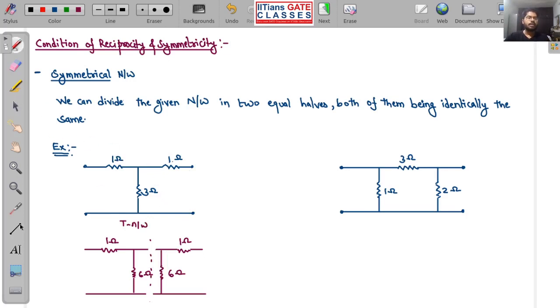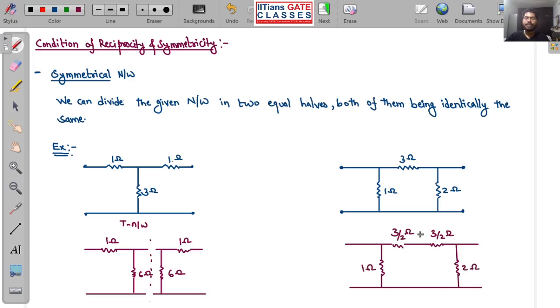Now what about this pi network? This pi network is not symmetrical. Why is it not symmetrical? Because if I redraw this circuit like this, 3 by 2 ohm, 3 by 2 ohm, and this is 2 ohm and this is 1 ohm, it is not symmetrical.